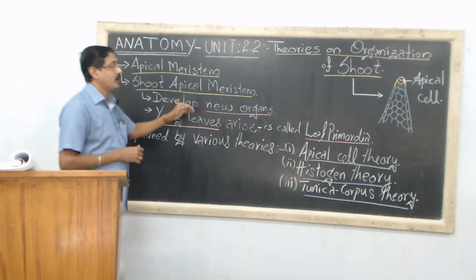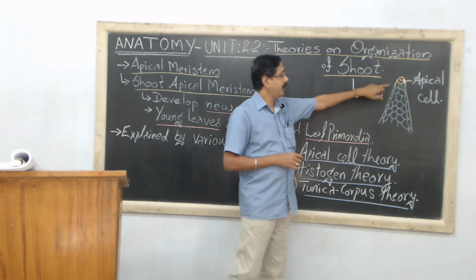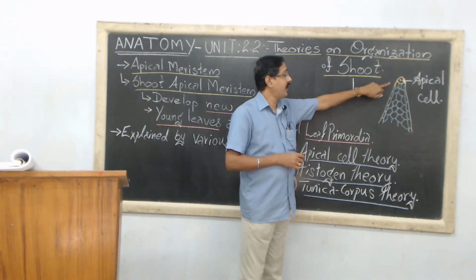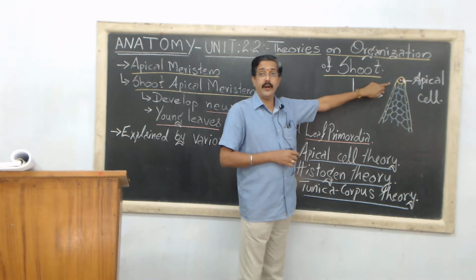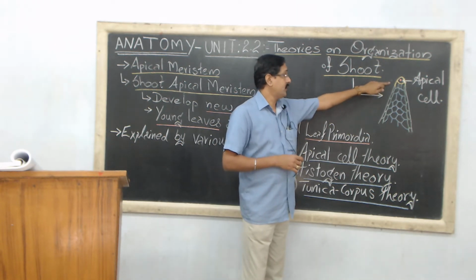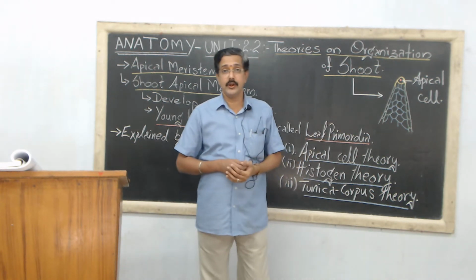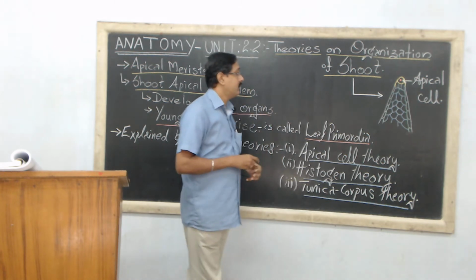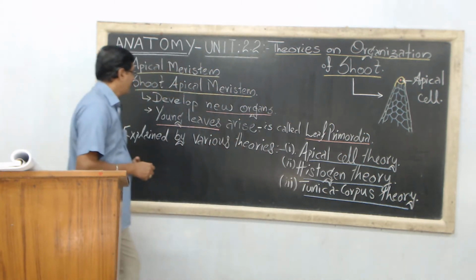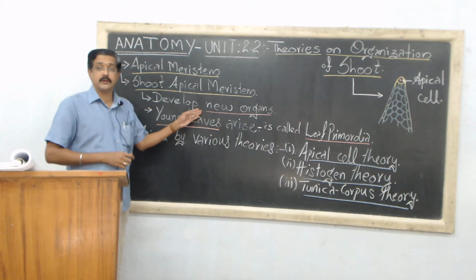And this shoot apical meristem, here in this diagram you can see, is with an apical single cell, and this single cell shows the multiplication and thereby develops new organs.